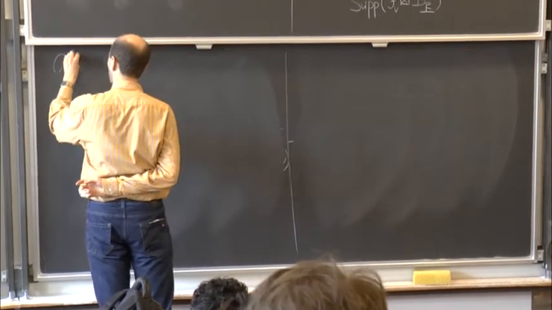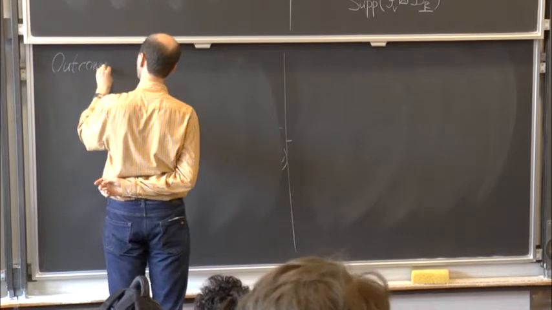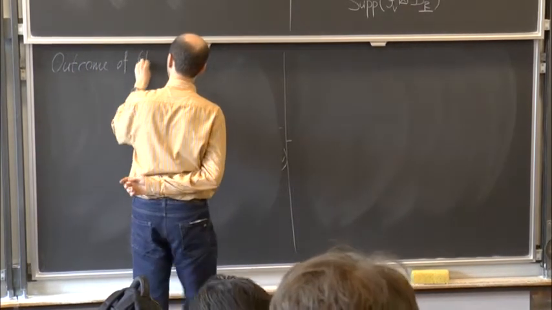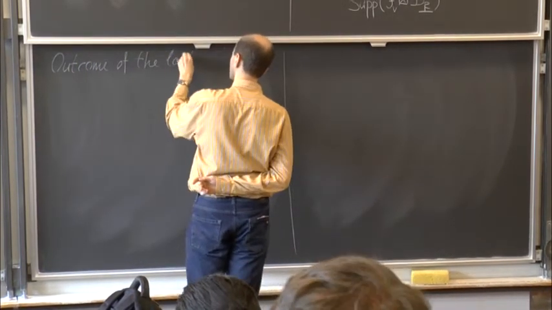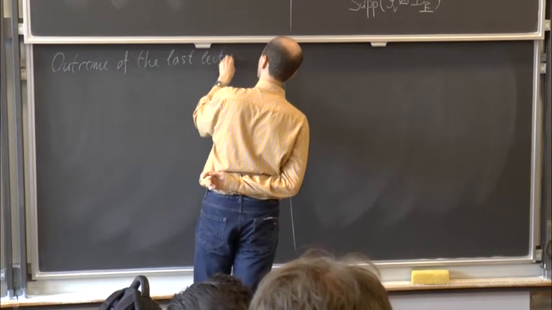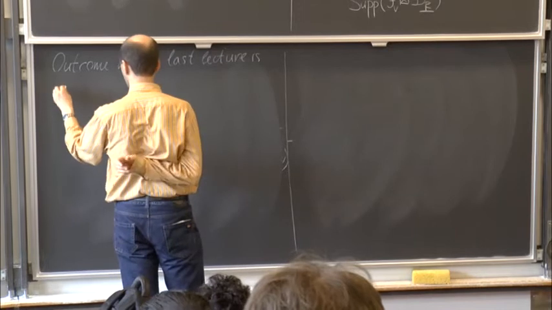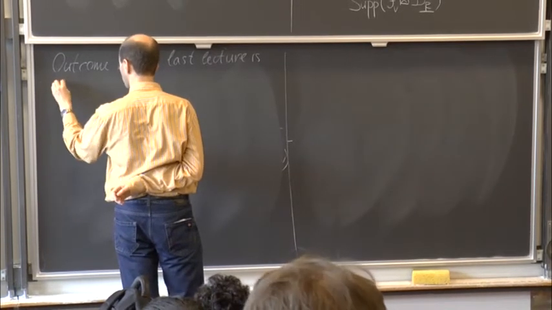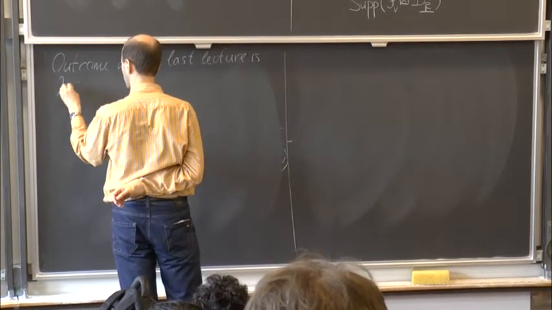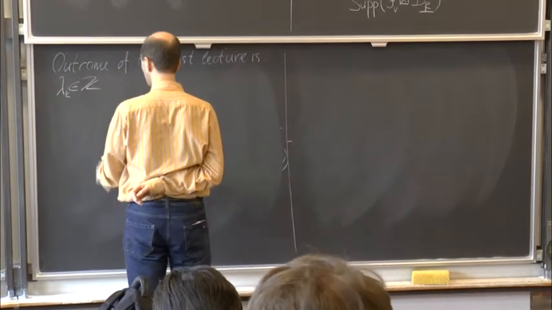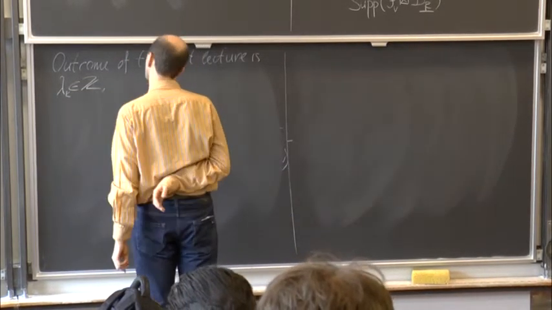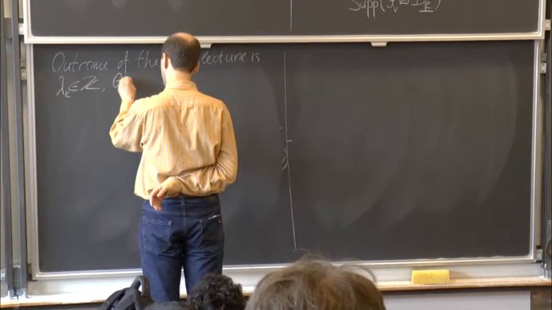So the outcome of the previous lecture is the following. Lambda k is integral, and theta is positive.